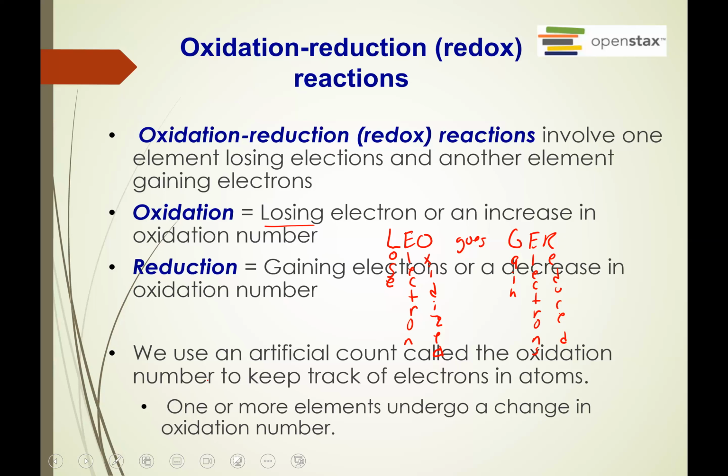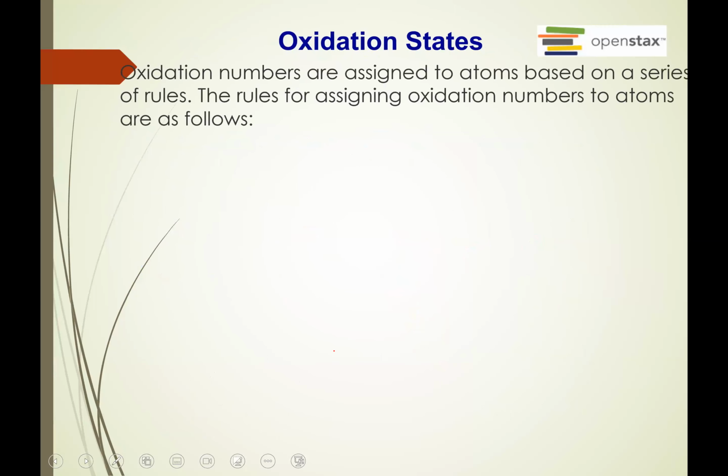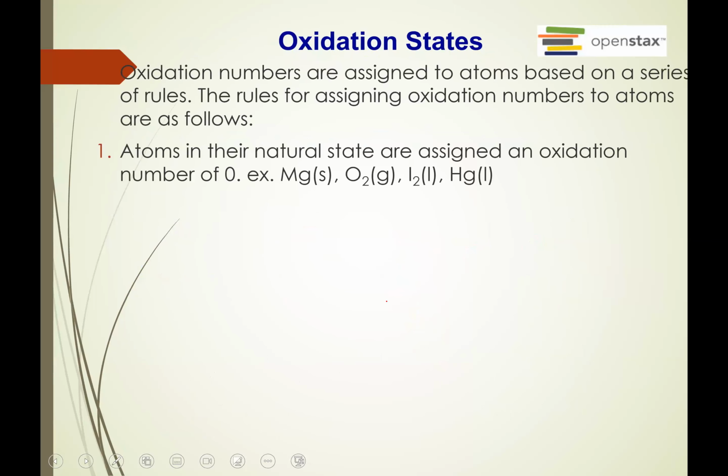It's just a method chemists and physicists have used to keep track of the electrons. We're going to have to learn a few rules about this, and we'll come back to this a bunch. When it comes to assigning oxidation states, there are a few things we need to remember. Anything by itself or in its original or natural state has an oxidation number of 0.